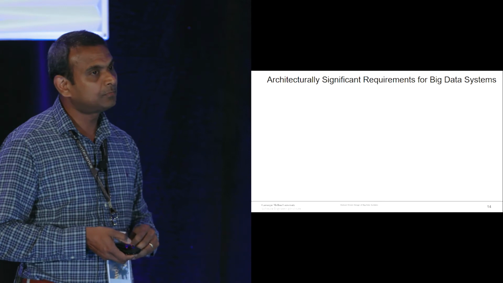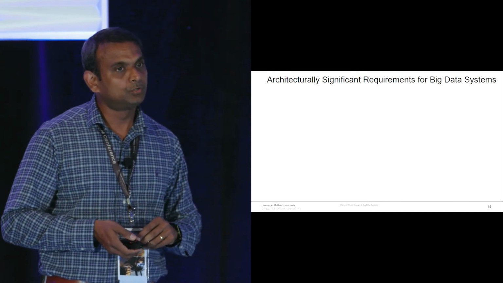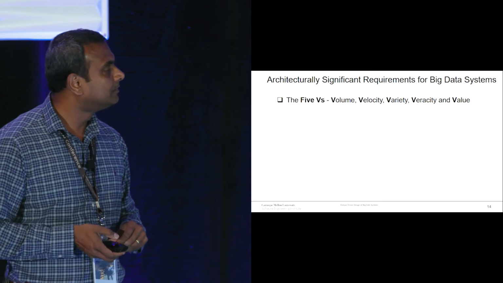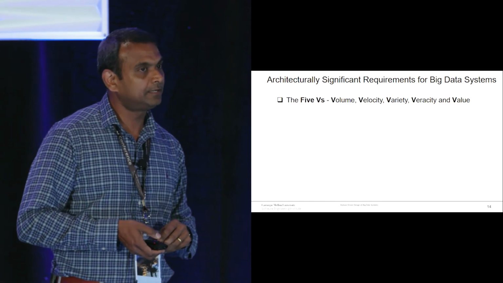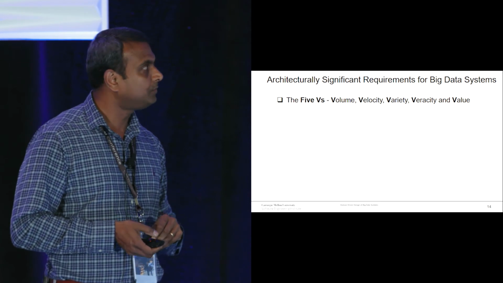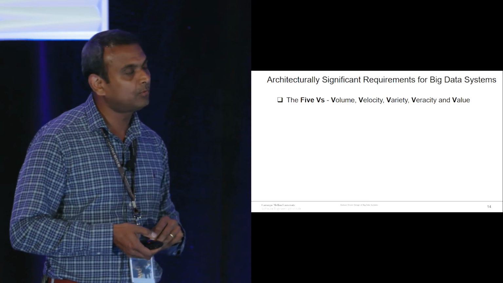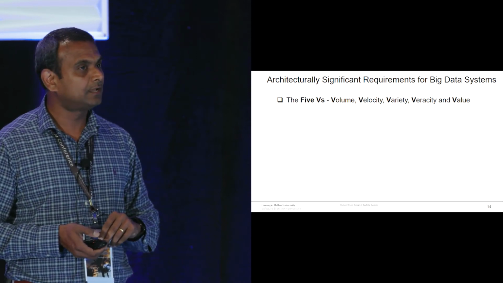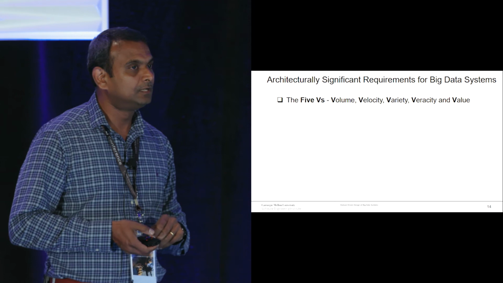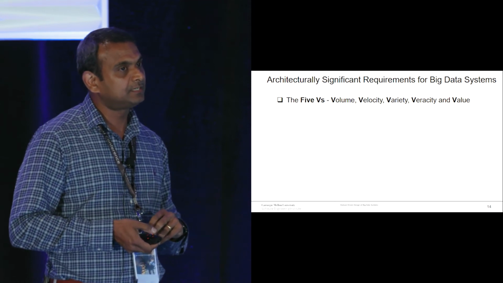Next, I will go through some of the architecturally significant requirements. One of the first is the big data definition, which is defined as the 5 V's: volume, velocity, variety, veracity, and value. These items have been the drivers for big data technologies.